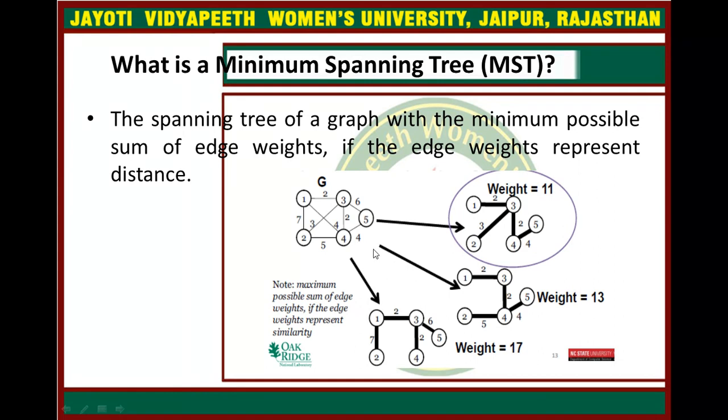And remember that no cycle is formed in this spanning tree. If you are taking this graph, then the weight is 13. If you are taking this graph, then weight is 17. It is the maximum possible sum of edge weights if the edge weights represent similarity. So if we are talking about minimum, then you have to consider this one, because this is very less weight as compared to these two graphs.